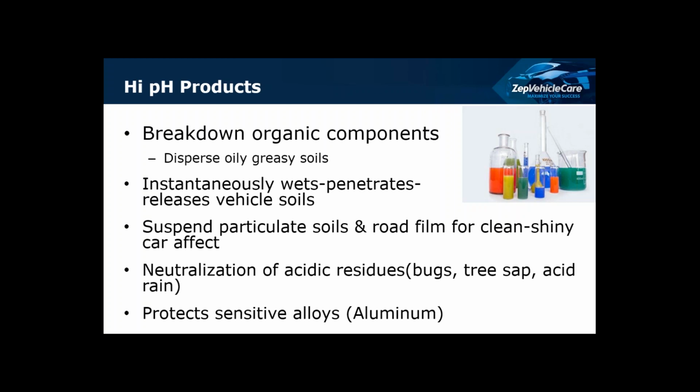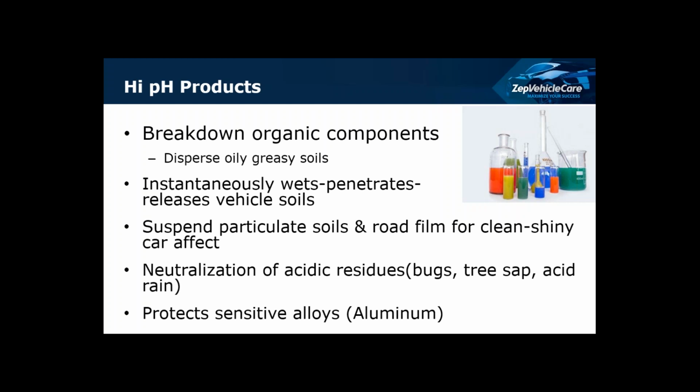They also do what we say wet and penetrate. So they will wet and penetrate the soil, so it will lift up off of the car and it will be released and suspended so your rinse cycle can wash it away. So that's where it suspends the soils and the road film so you can rinse it away and give you that clean, shiny car effect.